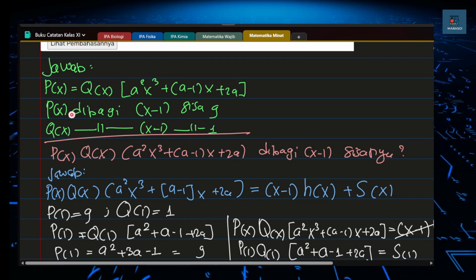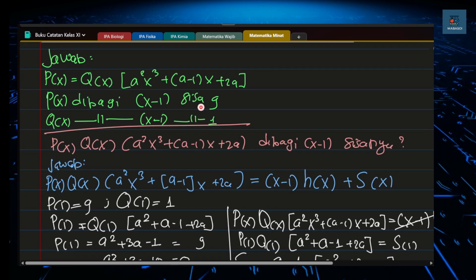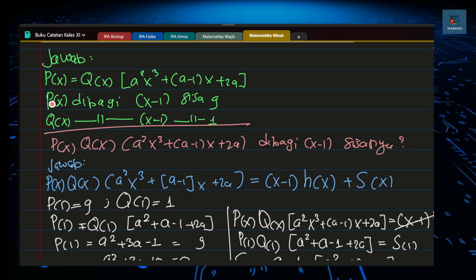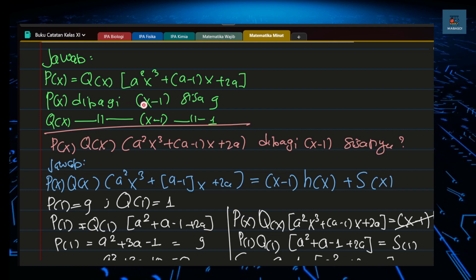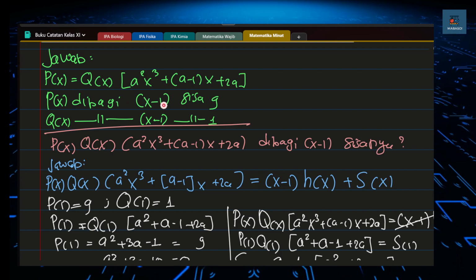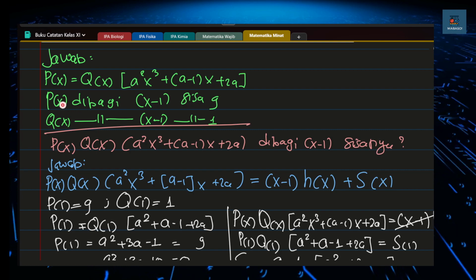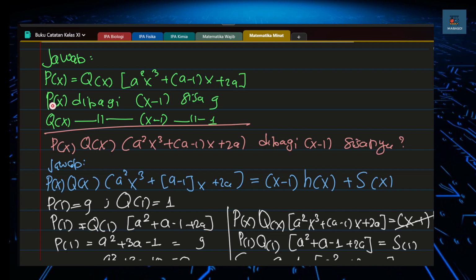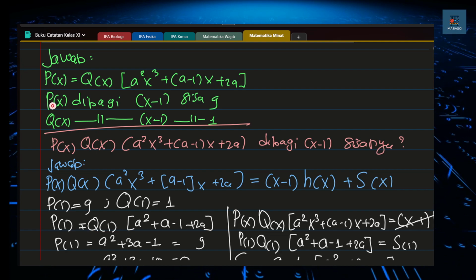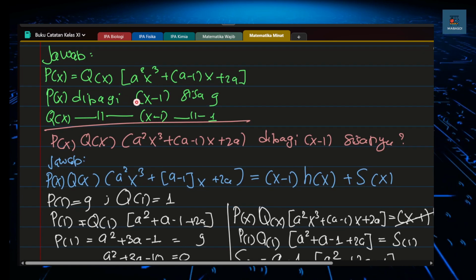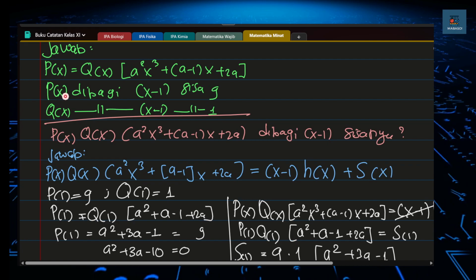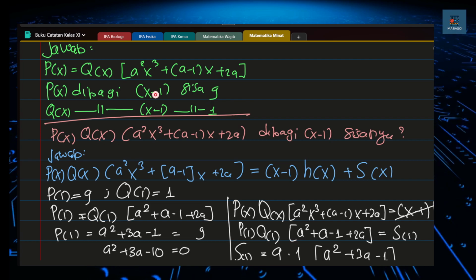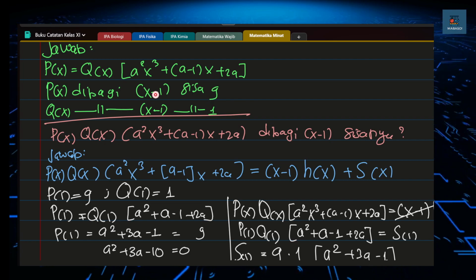We know that p(x) when divided by x minus 1 leaves 9. If a polynomial is divided by a linear factor and has a remainder, then the value of the polynomial at that particular x would be equal to the remainder. So P(1) is equal to 9, because if we set x minus 1 to 0, then x equals 1.